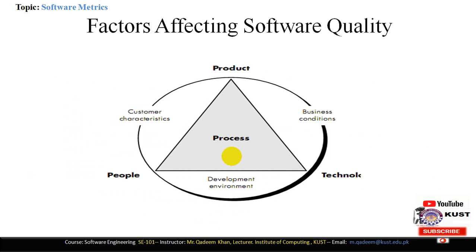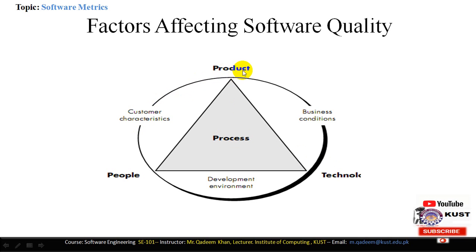Now, factors affecting the software quality. There are three factors which affect the software quality, and these are combined in one thing: the process, the product, people and technology. So if we have good people and good technology for the development and also good processes, then we obtain high quality products.